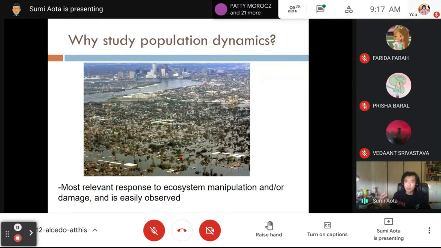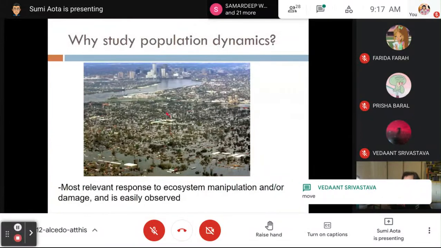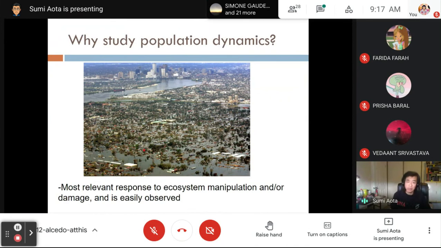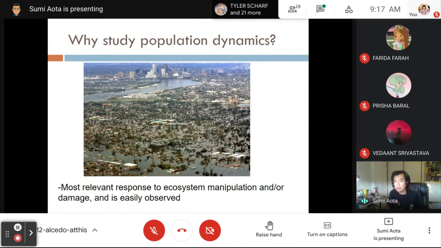So what's the most relevant response to damage to this particular ecosystem? And if you look, well, unfortunately, and that would be good, right? These people can't move because they're so poor, right? Most of New Orleans, remember when Katrina went through, they evacuated the city, right?